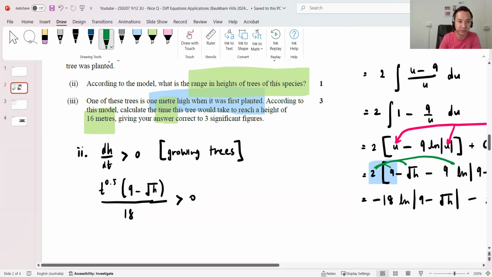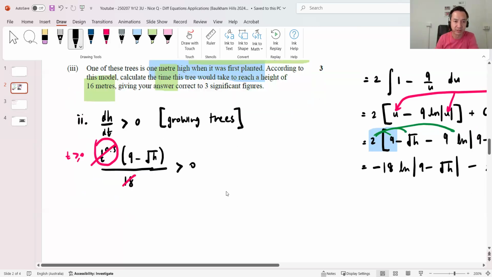So this guy's always positive. T is greater than or equal to 0. Yep, that's gone. And 18's gone. So I can actually delete that, right? Because I'm going to move it over the inequality with the 0, and it doesn't change the inequality because they're both positive. So that leaves me with 9 minus root h is greater than 0.